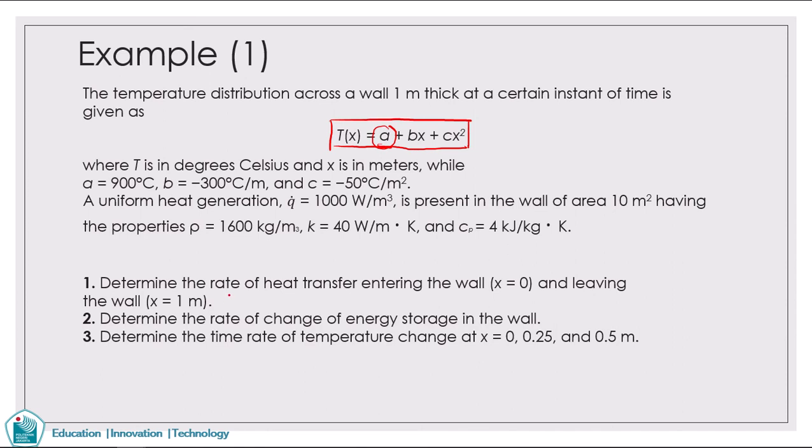In this case, you need to determine the Q in and Q out. Second, determine the rate of change of energy storage in the wall. It means we need to calculate the E dot ST.